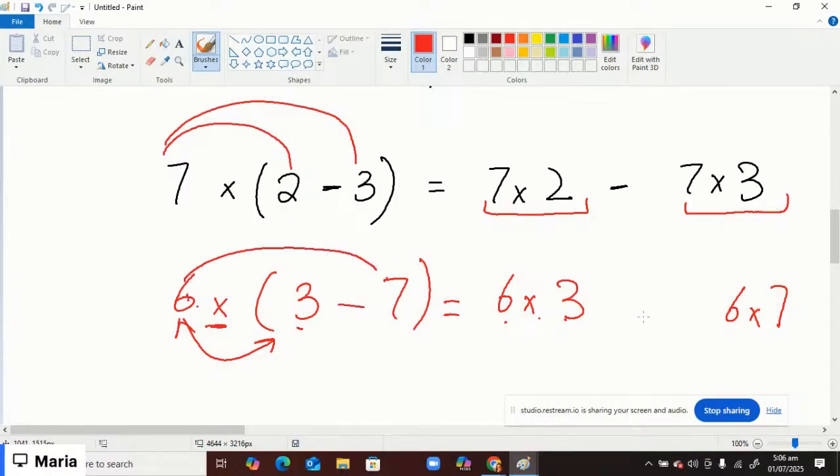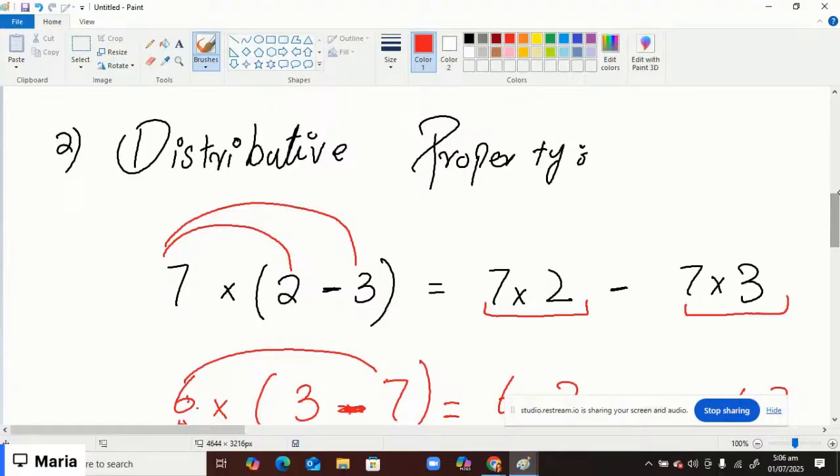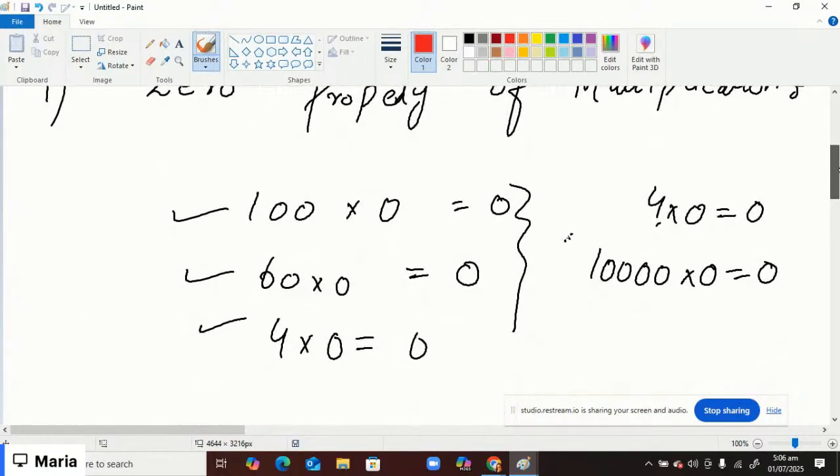And now which sign do we put in the middle? In the middle, I'm going to put the negative sign, the sign which is in the middle here. This is the way that we do it. This is called the distributive property. So the first property is the zero property of multiplication, then the distributive property.